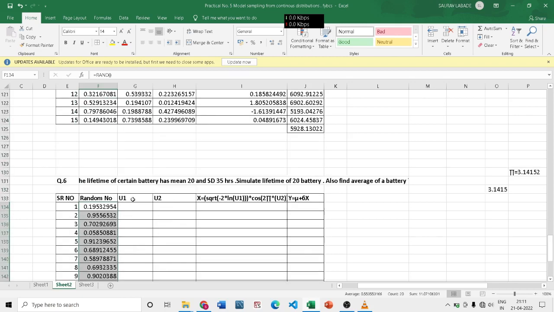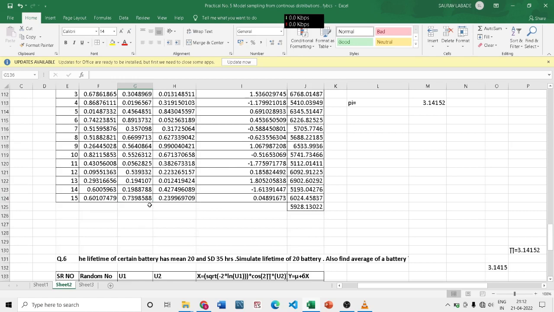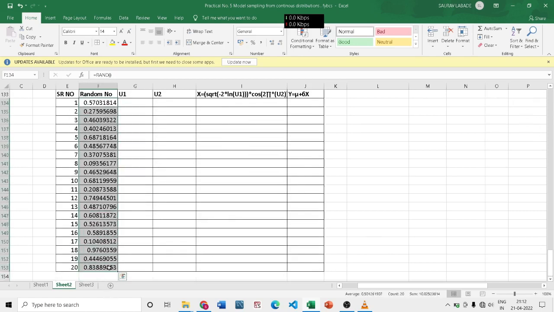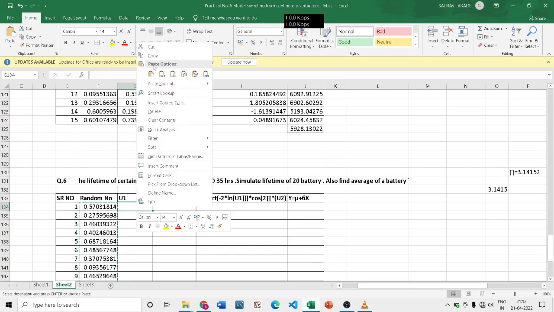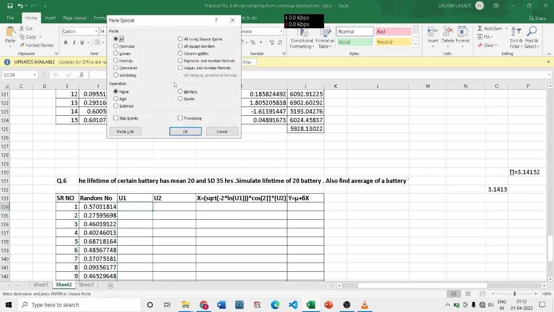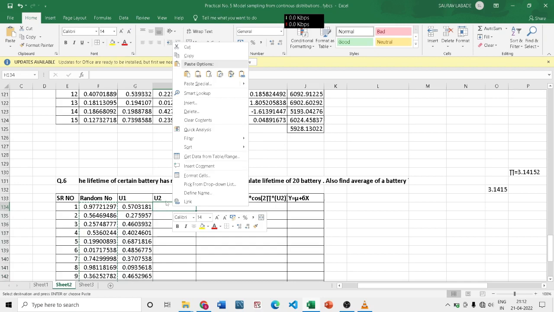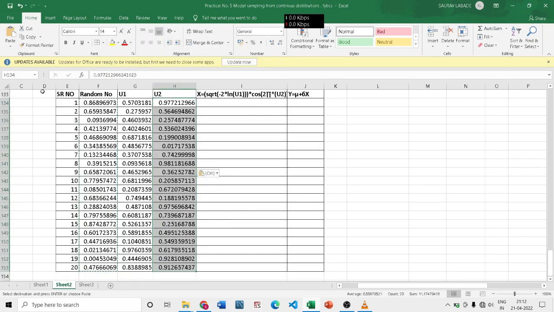What you have to do is just paste those random numbers, all the random numbers, right? Go to paste special, go to the values and click OK. Again here paste special values. Okay, right, so here we have got the two fixed random variables.